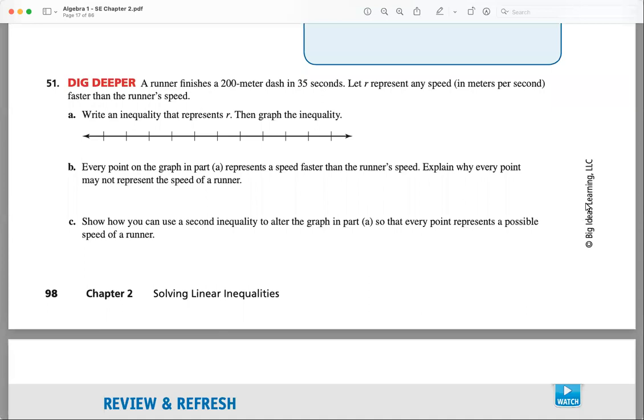Okay, so the last one for today on page 98, number 51. So it says a runner finishes a 200-meter dash in 35 seconds. Let R represent any speed in meters per second faster than the runner's speed. So first thing I'm going to do before I do anything with this graph is find the runner speed.